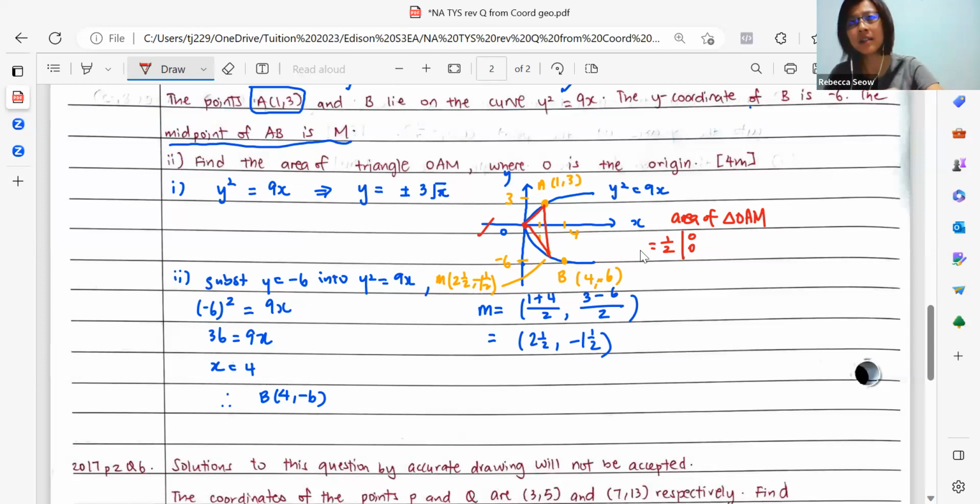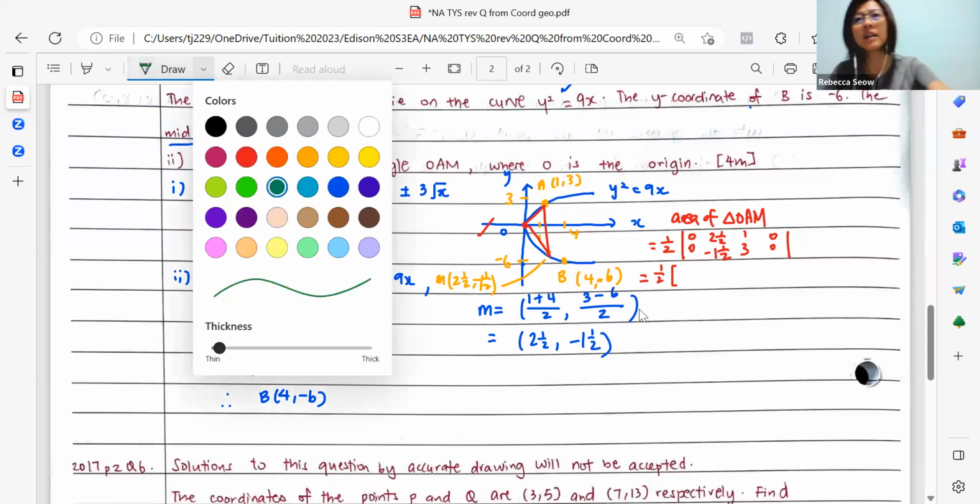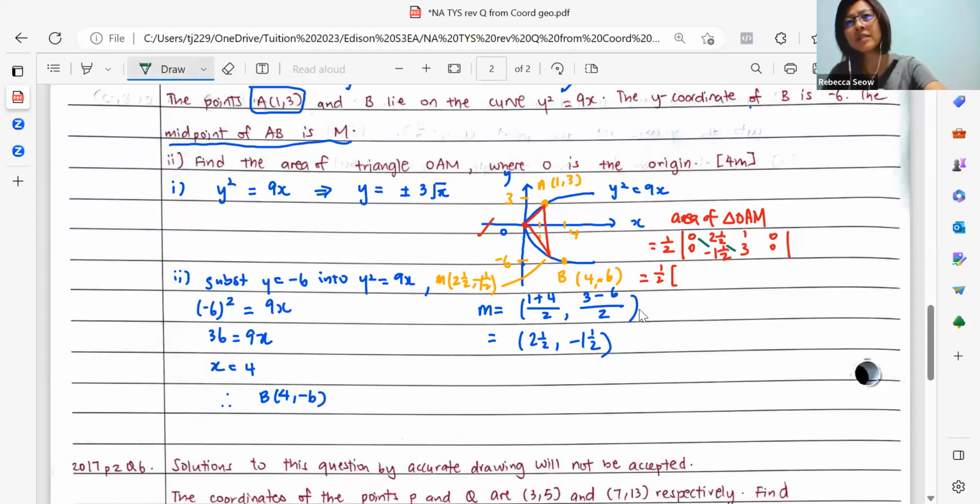It's not B, it's M. M is (2.5, negative 1.5). Then going up is A, which is (1, 3), and back to O again. So for the shoelace method, how are we going to multiply it? Top left to bottom right first.